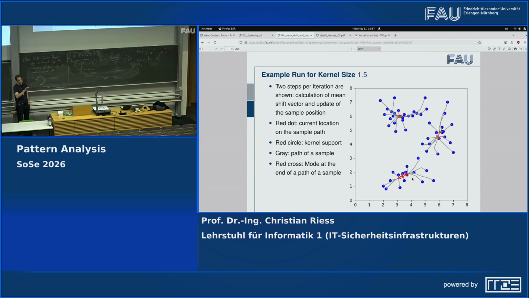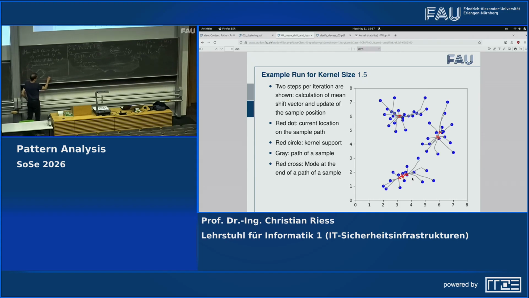So they would all be put in one cluster. I mean, it's a bit synthetic, this is not real data, but just as a mental exercise.